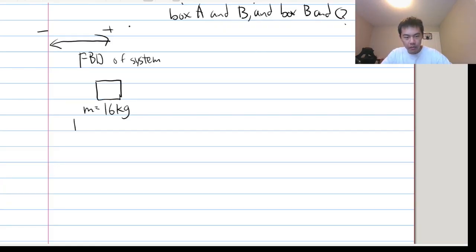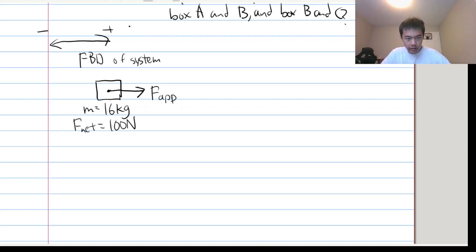The net force applied on it is 100 newtons. Let's draw our arrows. This is the only relevant force. There's also gravity and normal force, but they cancel out. This is the applied force of the person pushing, and he's pushing to the right.